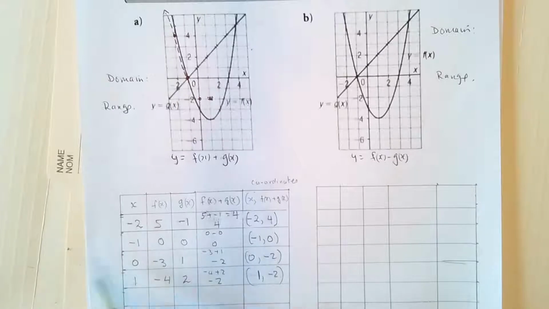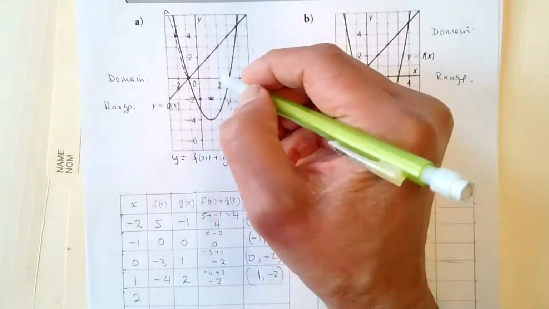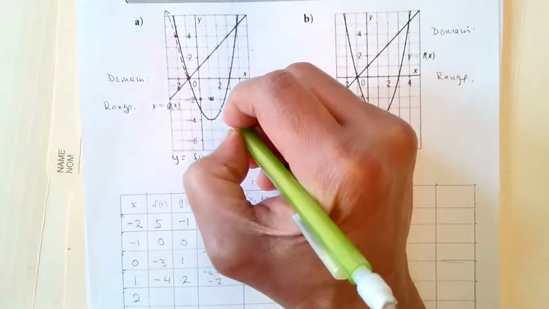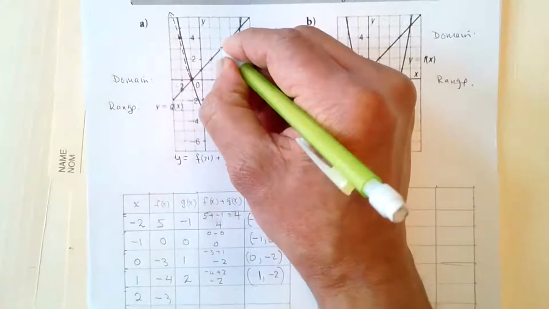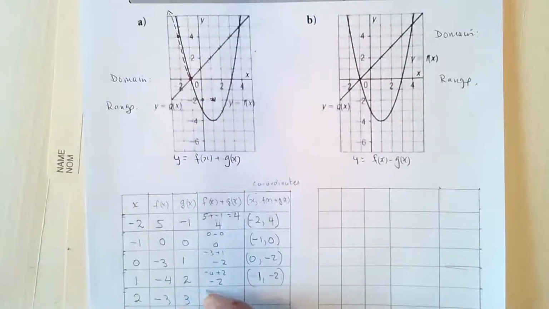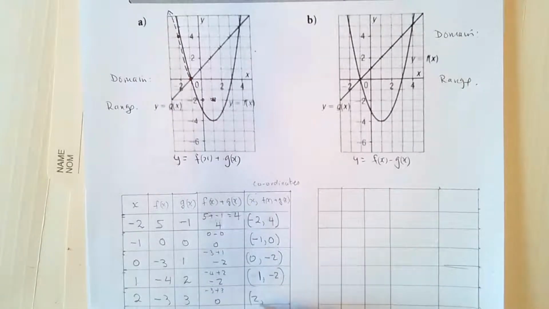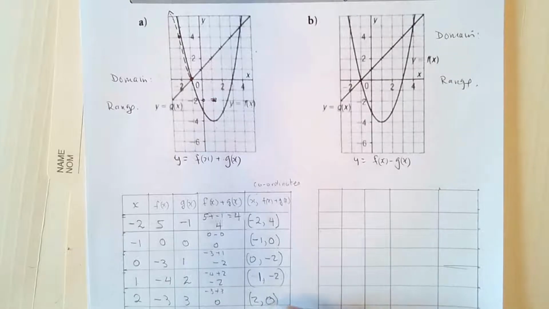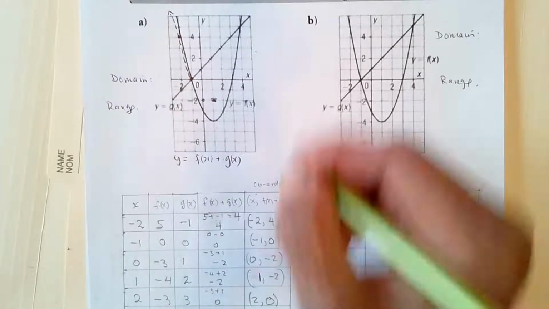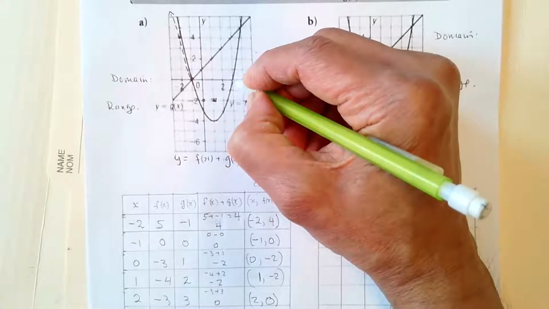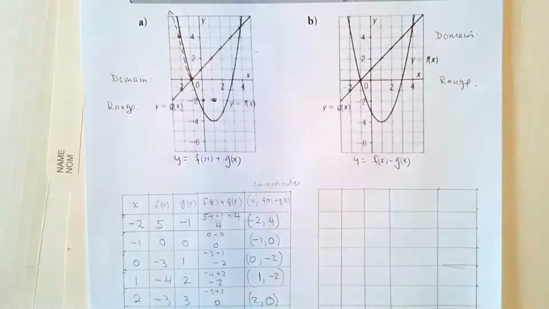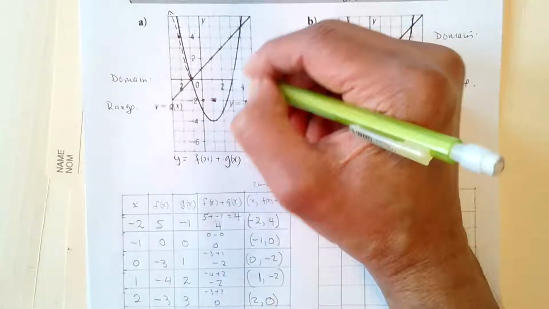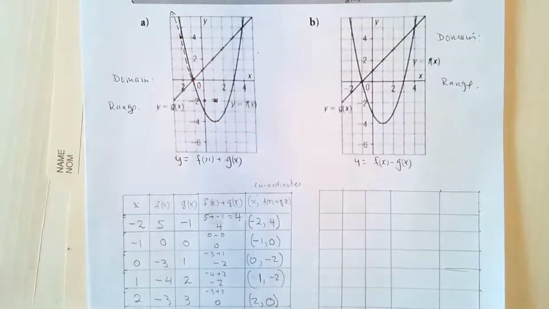Then we continue with the next point, x is 2. We have f of x is -3, and then we have g of x is +3. So -3 plus 3 gives me 0. So my coordinate point is 2, 0. Next is x is 3, f of x is 0, and g of x is 4.